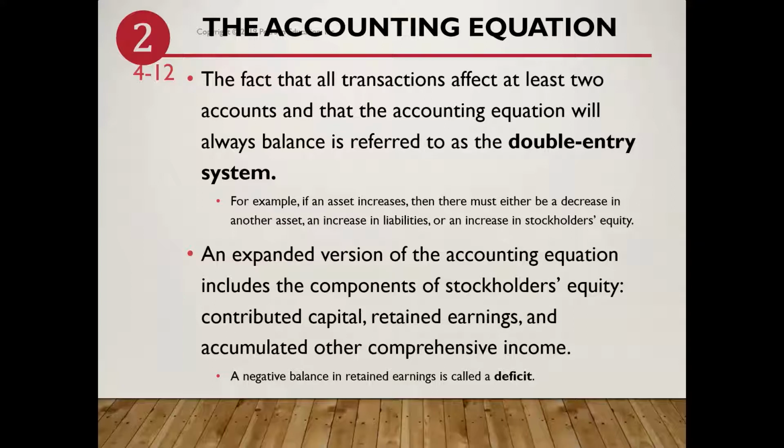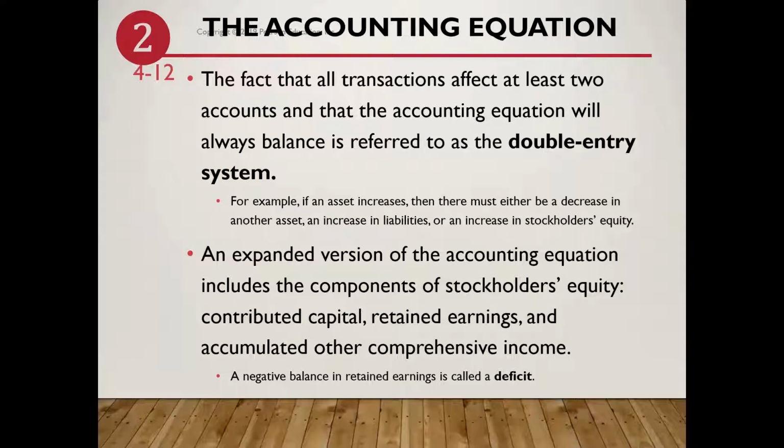So the fact that all transactions affect at least two accounts and that the accounting equation will always balance is referred to as the double entry system. For example, if an asset increases, then there must be either a decrease in another asset, an increase in liabilities, or an increase in stockholders' equity.